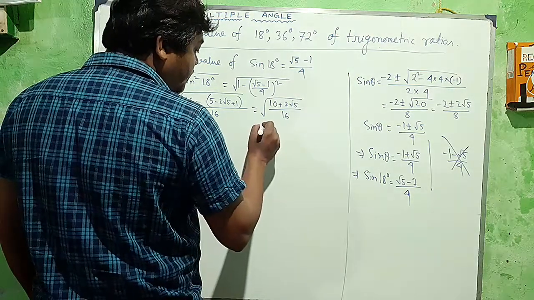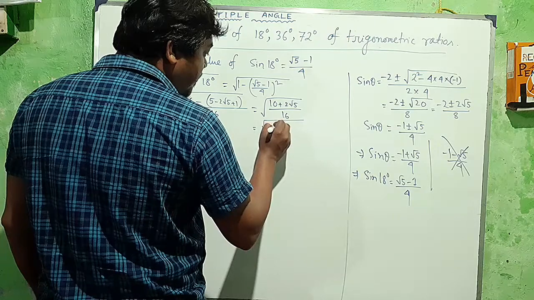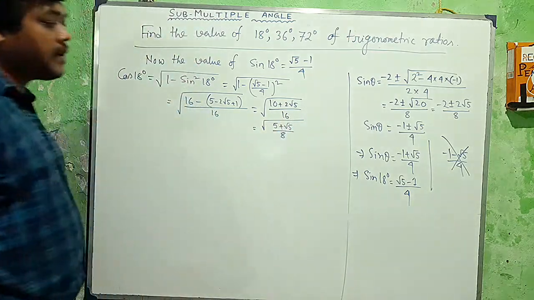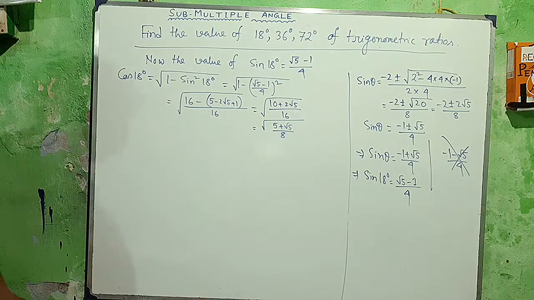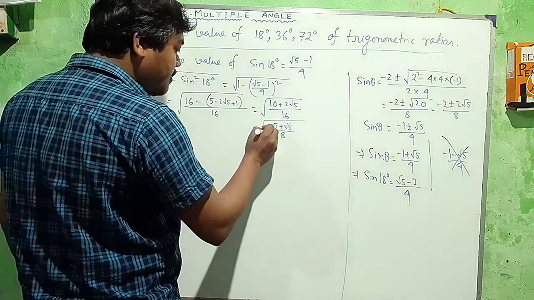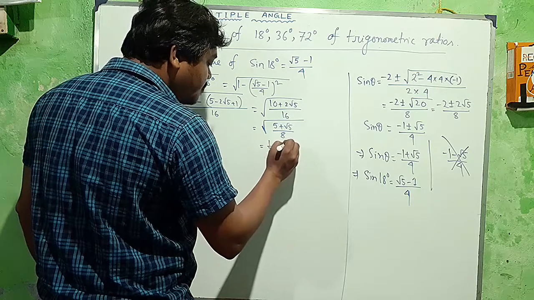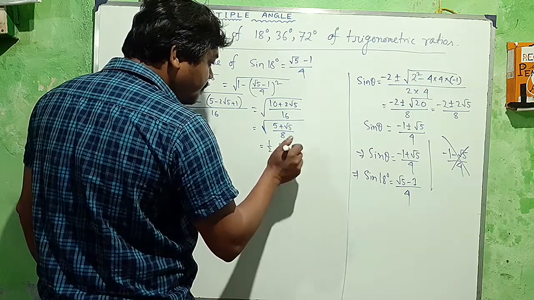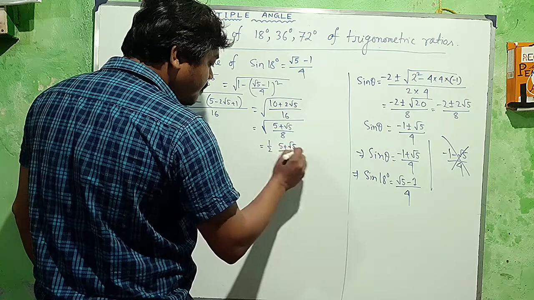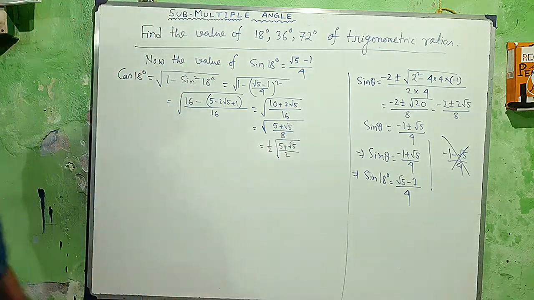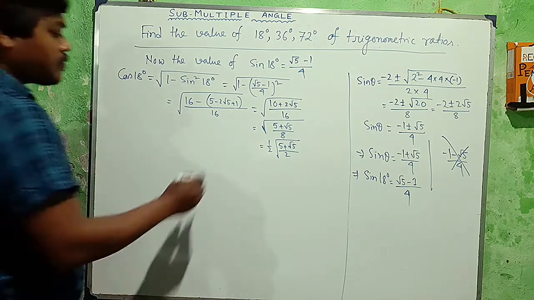So that gives square root of 5 plus root 5 over 8. Right? Or we can consider it as half into the square root of (5 plus root 5) over 2. That is the value of cosine 18 degrees.